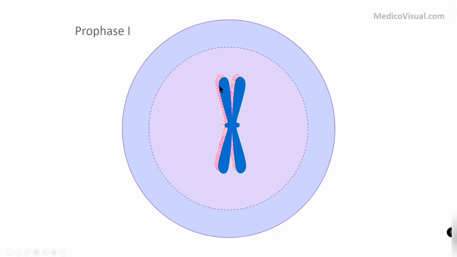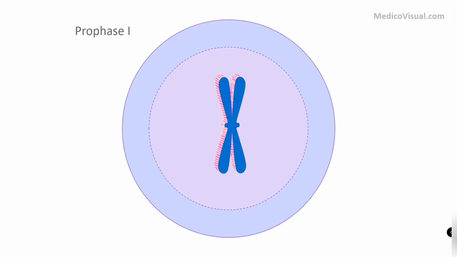And this complex that is formed is called the synaptonemal complex. Nemal means thread-like, synaptonemal complex. And this process of pairing is called synapsis. This process of pairing of paternal chromosome with maternal chromosome is called synapsis, and it is demarcated by the presence of the synaptonemal complex.